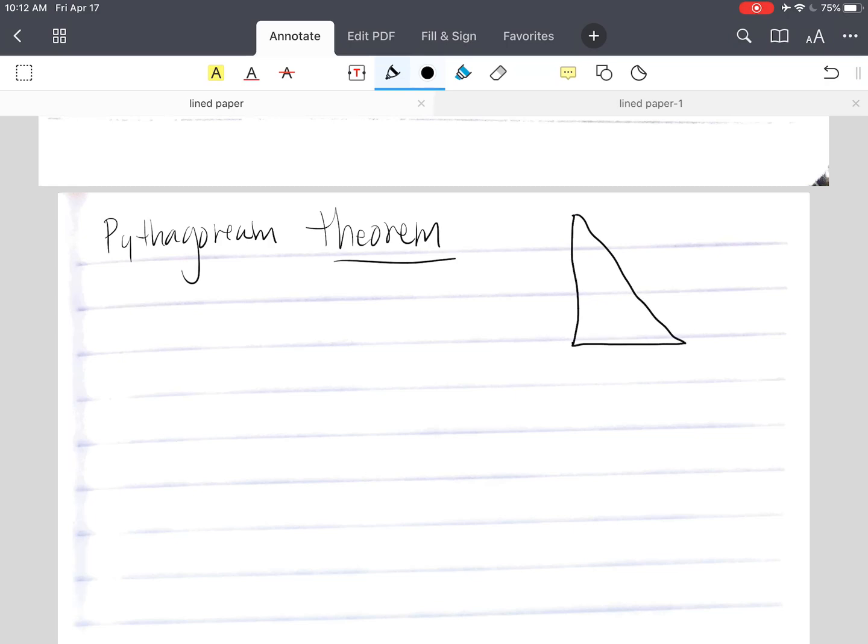Oh my God, I can't even draw a triangle. If you have a right triangle, and a right triangle is just a triangle that has a 90-degree angle, and this side is called A, and this side is called B, and the long side is called C. If you need to remember which one's the long side, it's always the one that's opposite to the 90-degree angle.